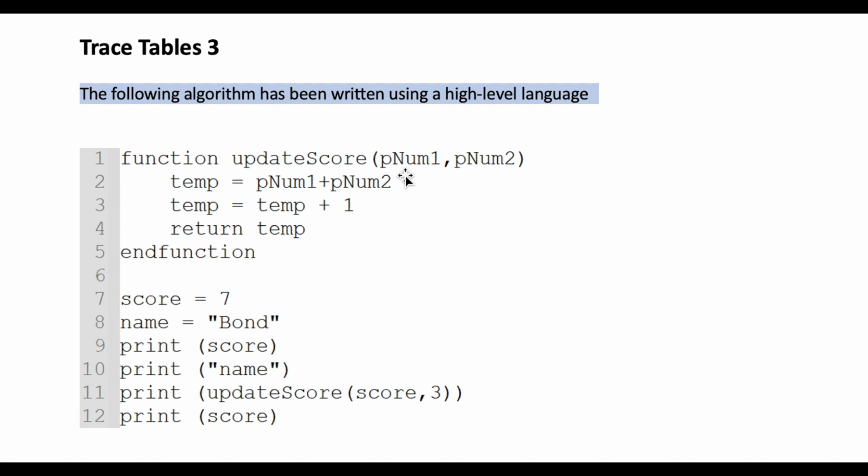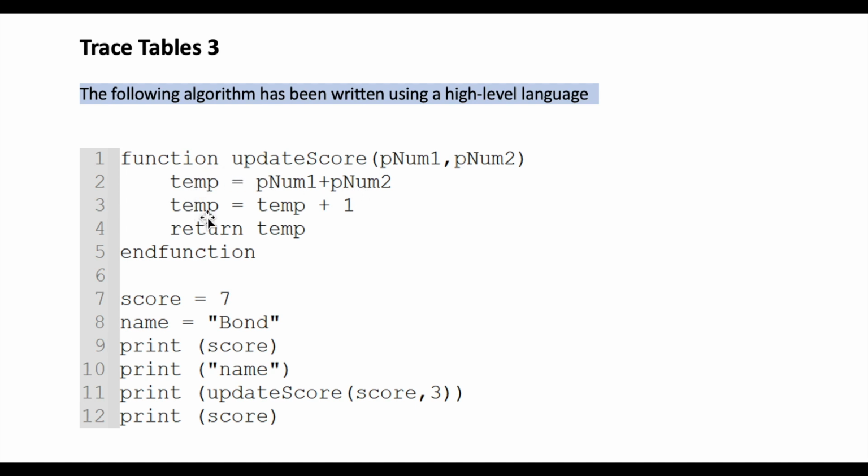Global variables are available throughout the entire program, whereas local variables and parameters can only be used within the subprogram. So we've got pnum1 and pnum2, and we're declaring a local variable called temp, and we're adding the two parameters together. So whatever those numbers are, they are going to be added together.